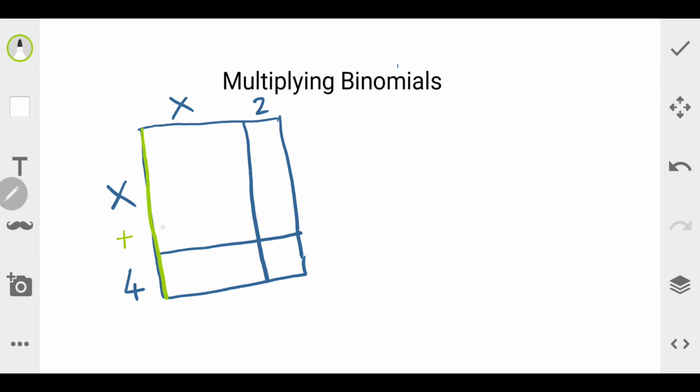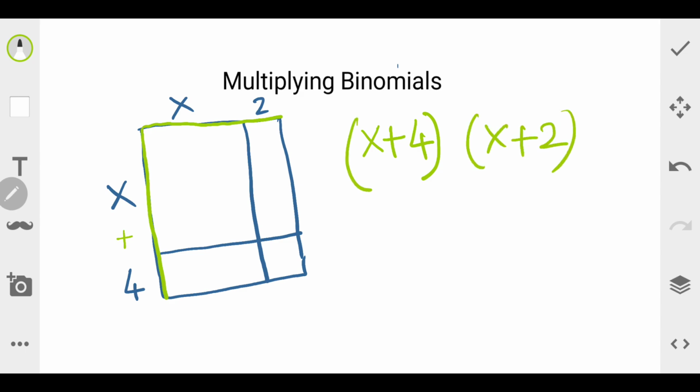That's the length of the largest figure, so let's write that down, x plus 4. And if you look at the width, remember this is a rectangle and we're trying to find the area. So the other side is x plus 2. So this is x plus 4 and this is x plus 2. This is expression number 1.